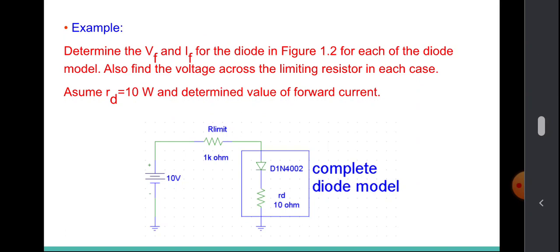Example: determine the forward voltage and the forward current for the diode in figure 1.2, for each of the diode models. Also, find the voltage across the limiting resistor in each case. Assume R sub D equals 10 ohms and determine the value of forward current.